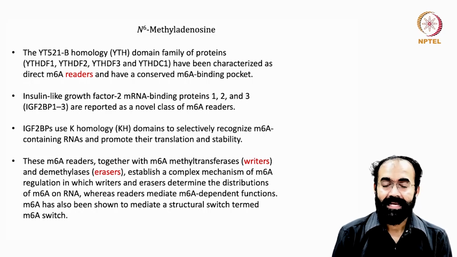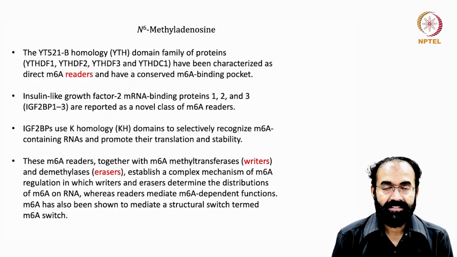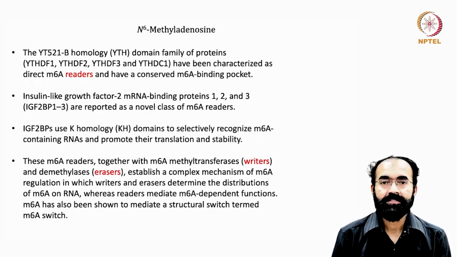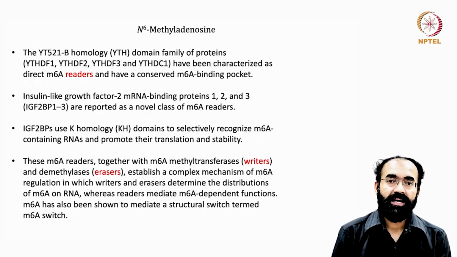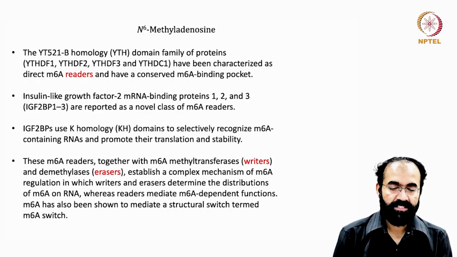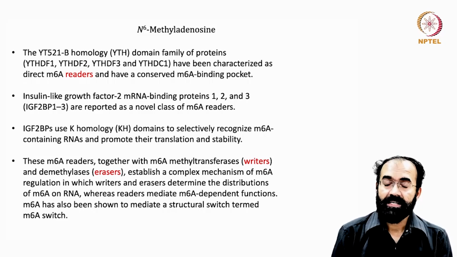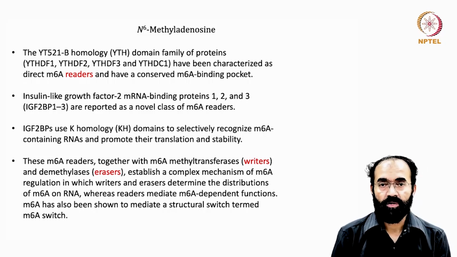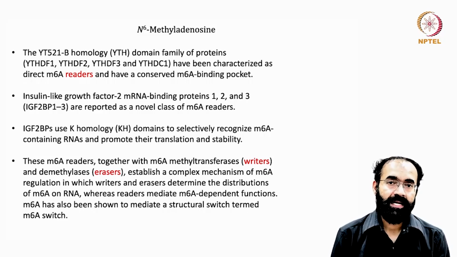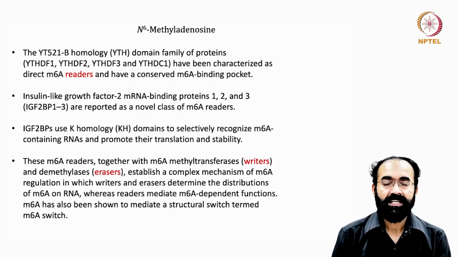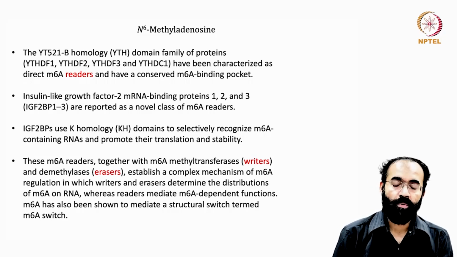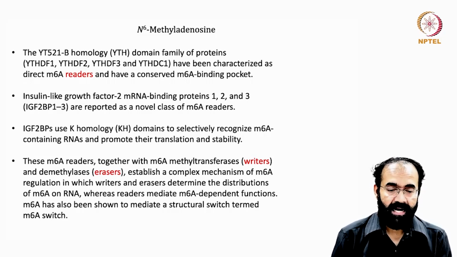They have been characterized as direct m6A, that is modified adenosine bearing RNA, readers, and have a conserved m6A binding pocket. All proteins have a specific domain in their structure that will recognize this modified adenosine or methylated adenosine.